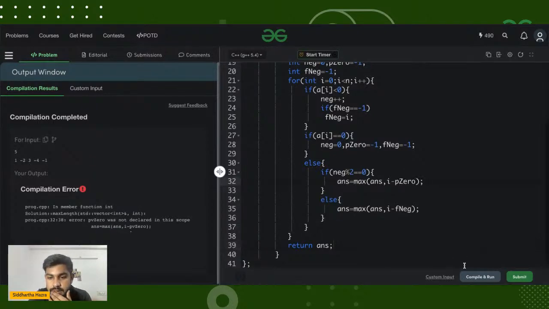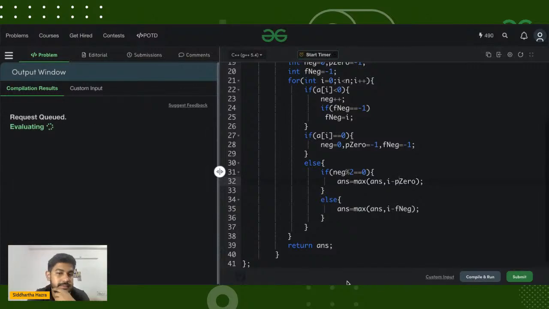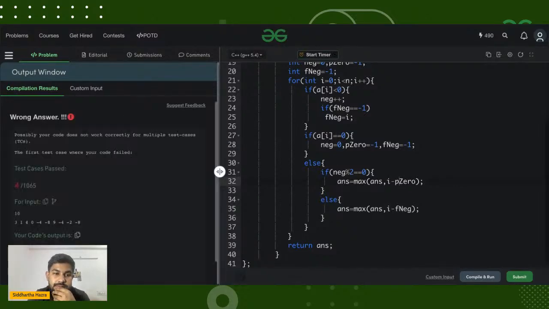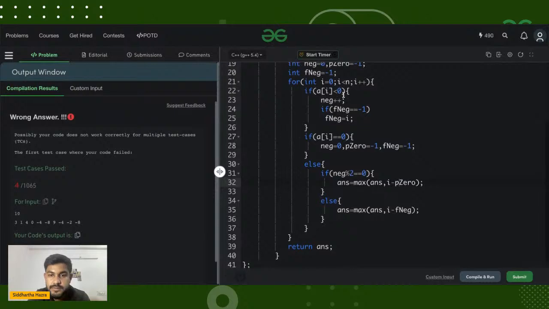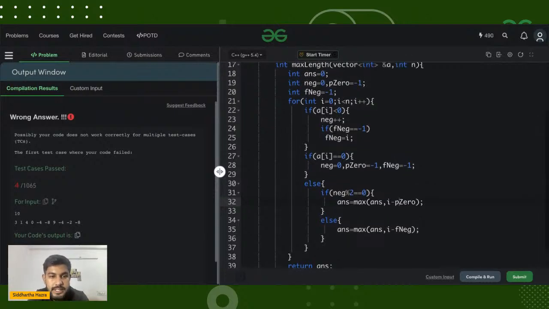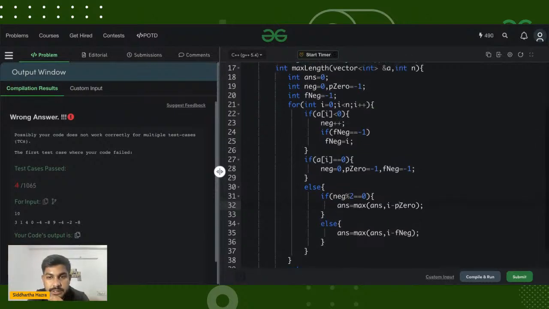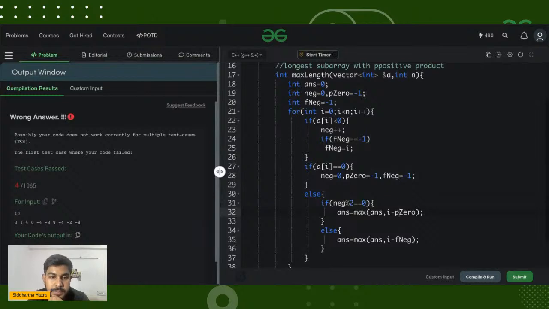The previous 0 should be 0. We have a correct answer. Okay, let us see this. int i equals 0, p0 is equal to f0 is equal to -1. We are iterating.